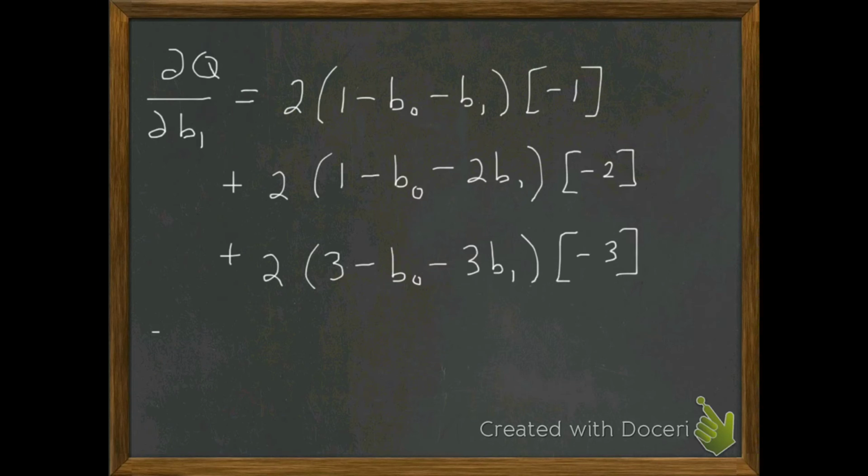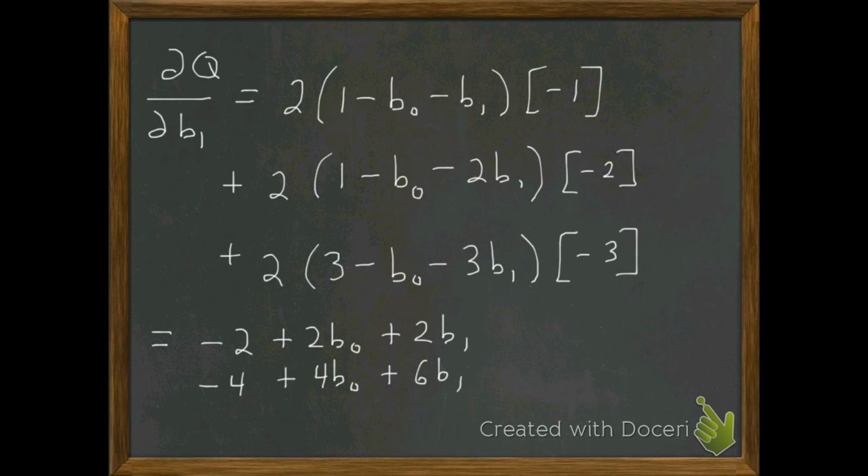So see if we can clean this up here. We're going to get negative 2 plus 2B0 plus 2B1. And we're going to get minus 4 plus 4B0 plus 6B1.